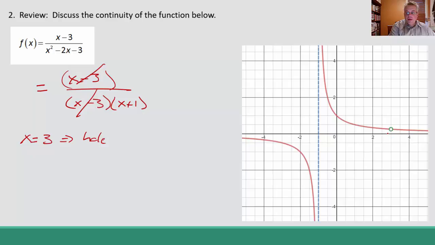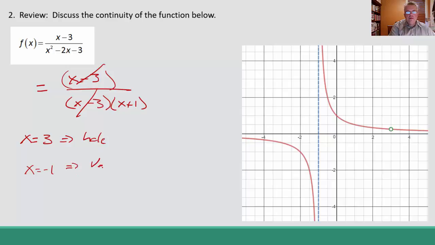We see that's true in the graph here. So the limit exists, by the way. It approaches the value where the hole is, and I think it's like 1/4. But the function is not defined there, so that's a point of discontinuity. At x equals -1, that corresponds to the factor that didn't cancel.